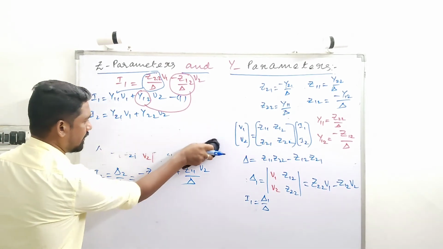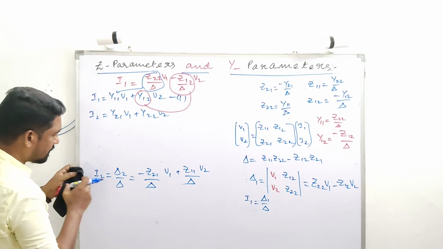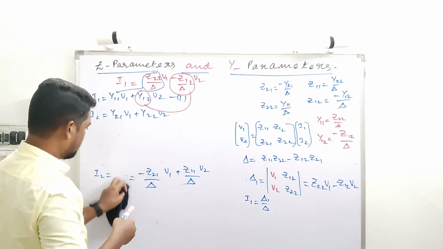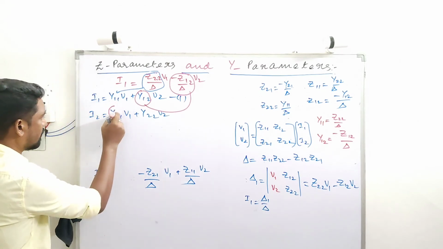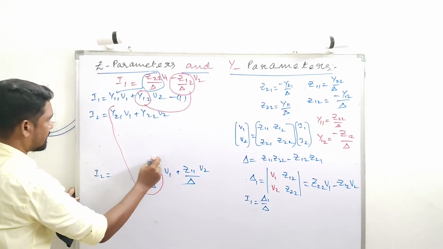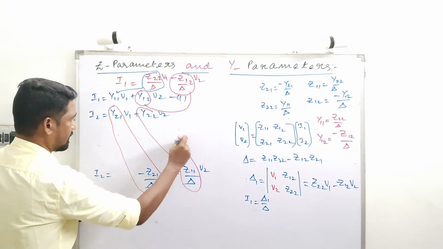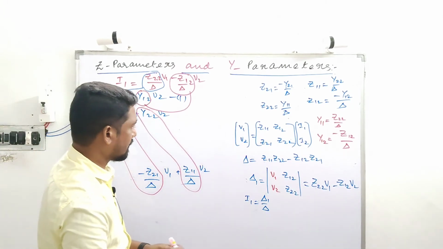So simply comparing this expression with this one, what do we have? y21 is this, and y22 is this.